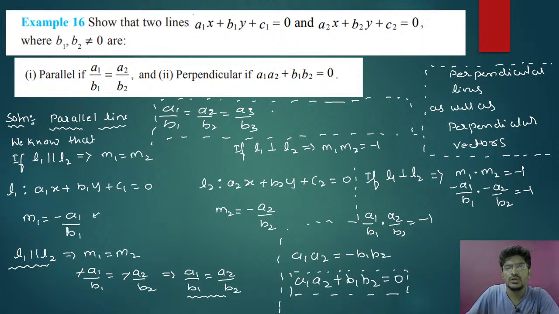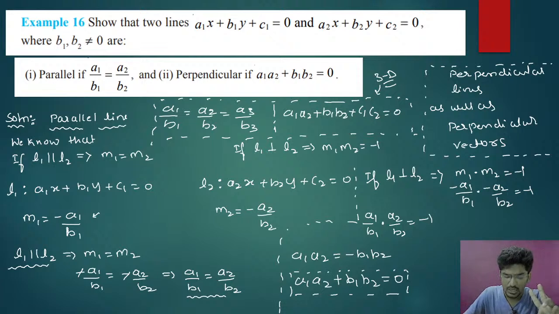And also if it is perpendicular, A1 into A2 plus B1 into B2 plus C1 into C2 equal to 0. This is in 3 dimension that you are going to learn in 12th standard. But now this is the concept of your 11th class. So that's why please go through it.